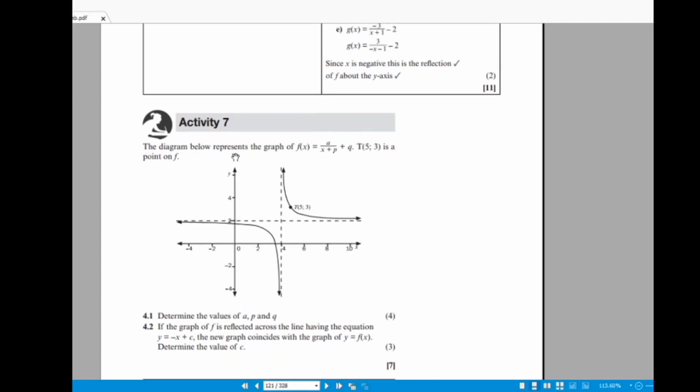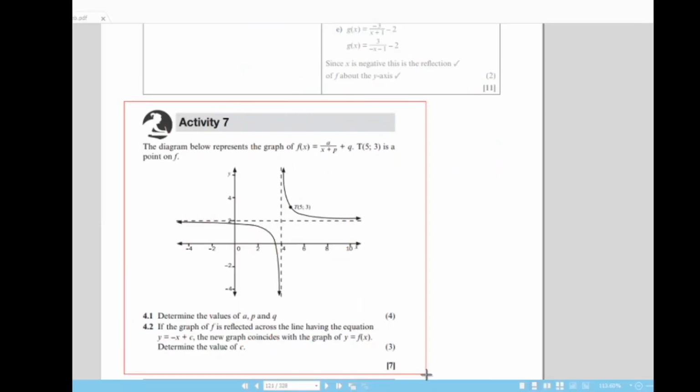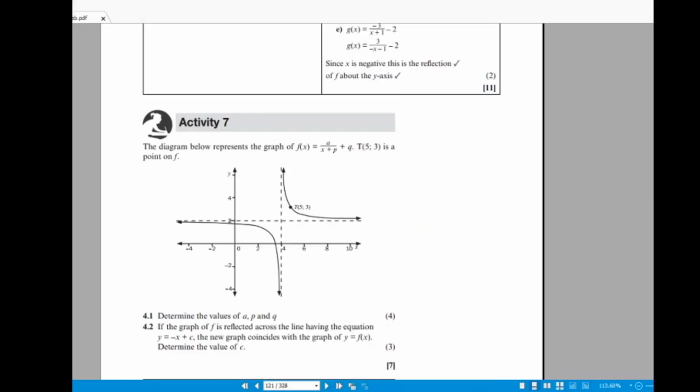The diagram below represents the graph f of x equals a over x plus p, plus q, and T is a point on f. They want us to determine the values of a, p, and q. Okay, let me just copy this and create space here.